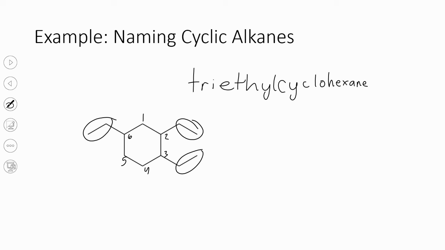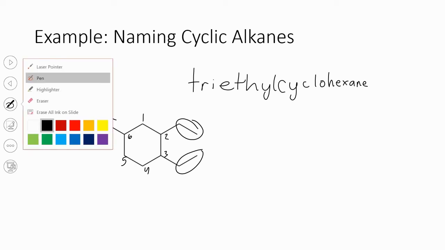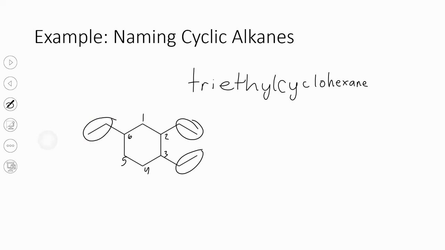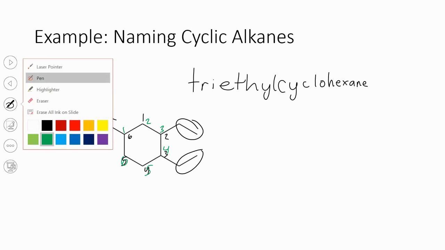And then let's try to change the color. Let's try green. So I can start here. Maybe let's start over here. 1, 2, 3, 4, 5, 6. That's the last. Oh, so let's try a few more.